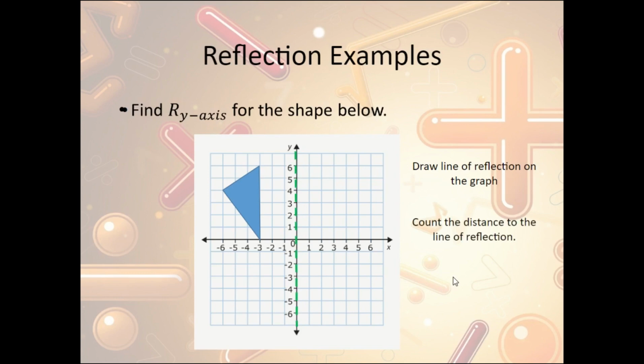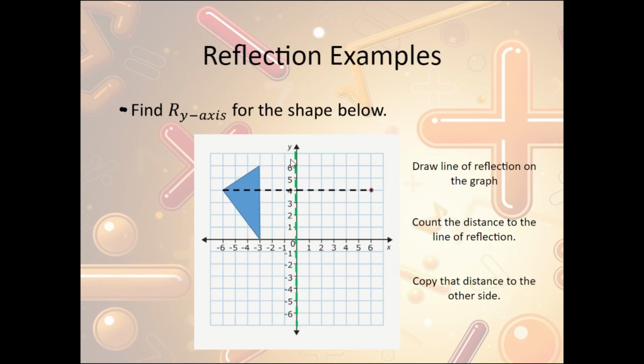Then we're going to count the distance to the line of reflection. So we're going to take each point, for instance, this point here, and we count how far away it is from the line of reflection. So it's 1, 2, 3, 4, 5, 6 away. And we're going to copy that distance to the other side. So over here, we go 1, 2, 3, 4, 5, 6 away and plot our point.